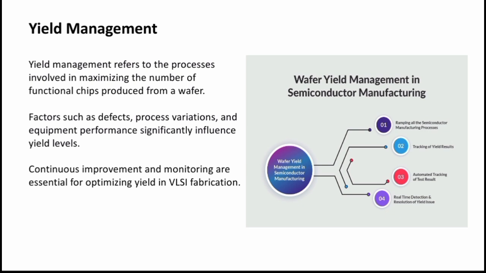The wafer yield management in semiconductor manufacturing is given here. It has mainly four parts: ramping all the semiconductor manufacturing processes, tracking all the yield results, automated tracking of test results, and real-time detection and resolution of yield issues.